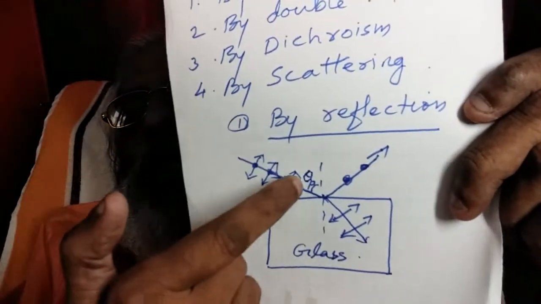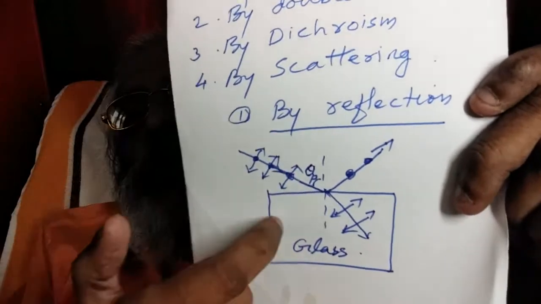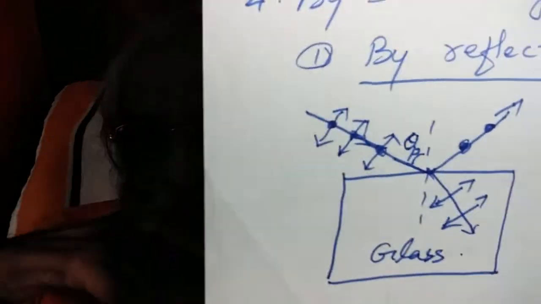Now there is a simple law connecting this angle of polarization and the refractive index of this material. That is called Brewster's law. Tangent of Brewster's angle or tangent of polarizing angle is equal to refractive index of the material. That is, tan theta p equals mu, where mu is the absolute refractive index of the material.